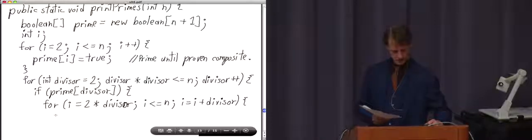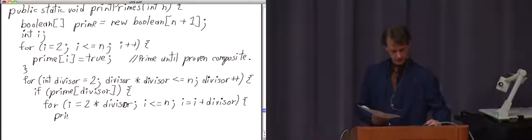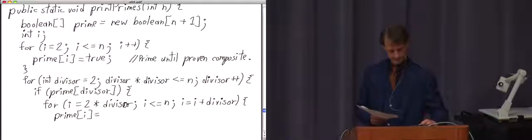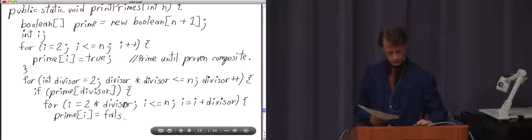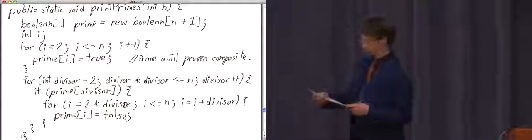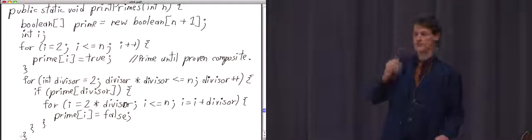And for each multiple of a prime divisor, we're going to mark that multiple as not being prime. And so that's the code. Well, that's most of the code. We still have to print out the primes.